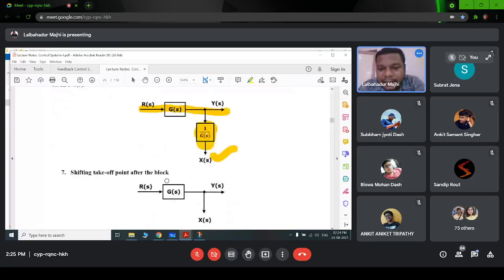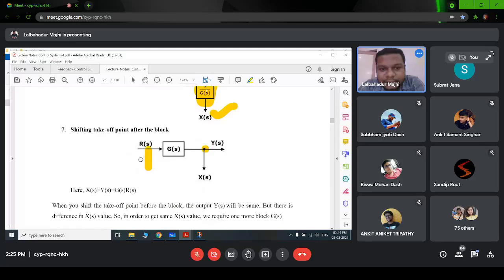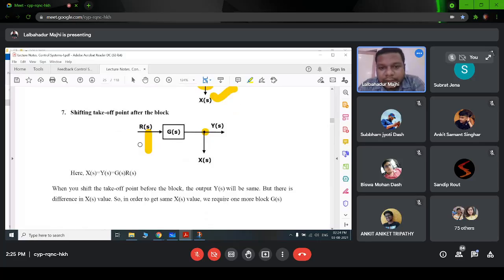So similarly, if we have to shift this takeoff point before this pull-up, we have to shift this takeoff point to here. So now here we can see that this y of s is equal to only this g of s into r of s, and this x of s is also the same, right?